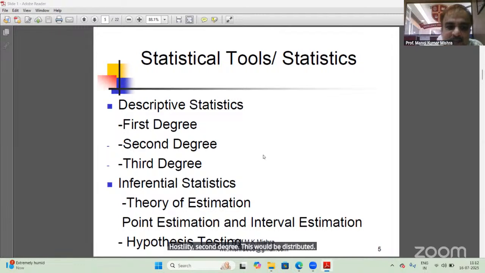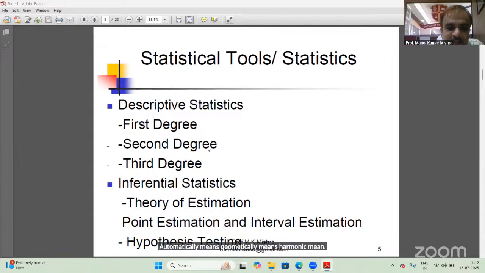What is the first degree? First degree means measures of central tendency. Mean, median, mode. Mean is also of 3 types: arithmetic mean, geometric mean, harmonic mean.